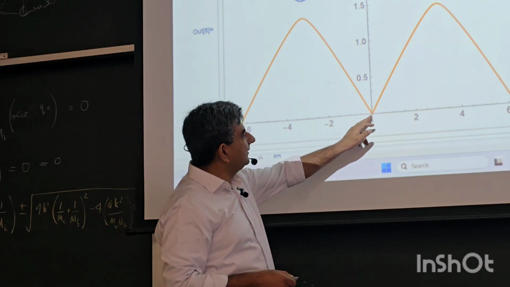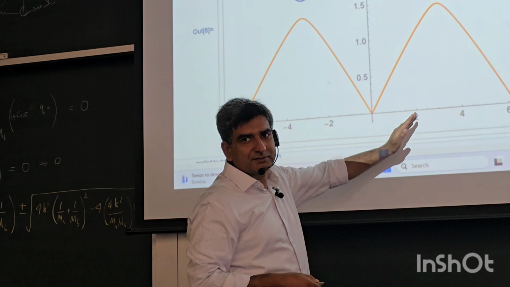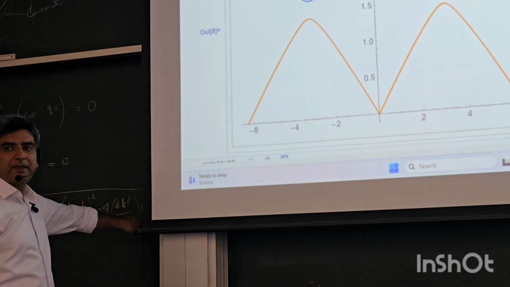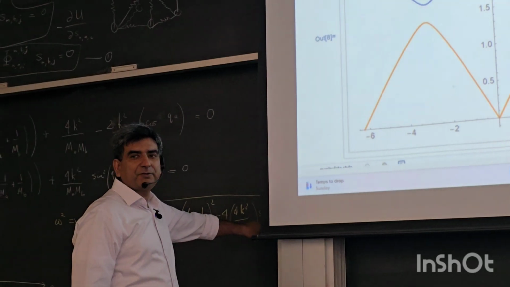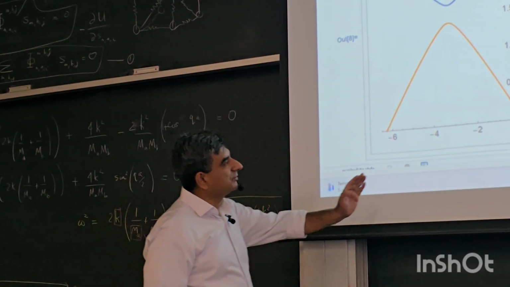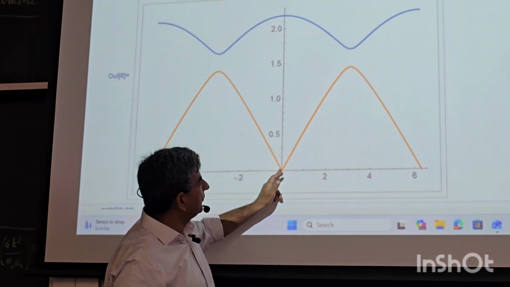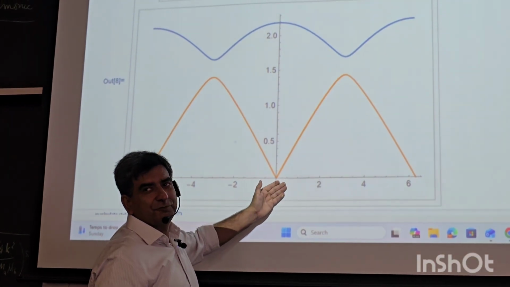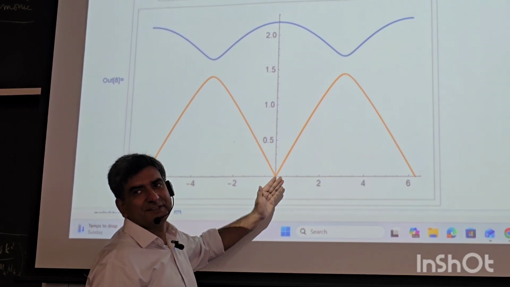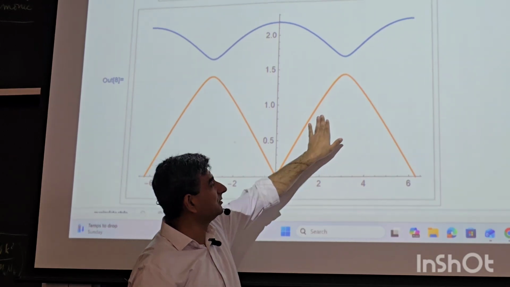So in this low q region, sine square qa over 2 can be represented by q square a square over 2. This becomes small, and you take the square root, so this becomes a linear relationship. In this region, for low q, long wavelength regime, there is a linear relationship between omega and q, and it's very similar to sound waves. That's the dispersion relationship for sound waves. So that's why this branch is called the acoustic branch.